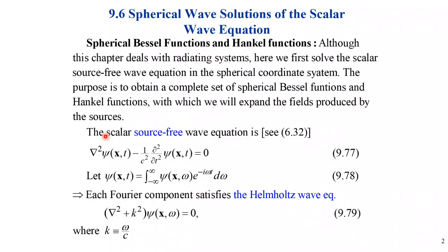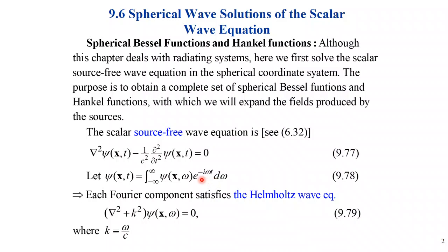For the scalar source-free wave equation, if you don't remember, please check Chapter 6, equation 32. This is scalar, source-free, and time-dependent. It depends on position and on time. And we know a time-dependent wave can be a superposition of its harmonic components.